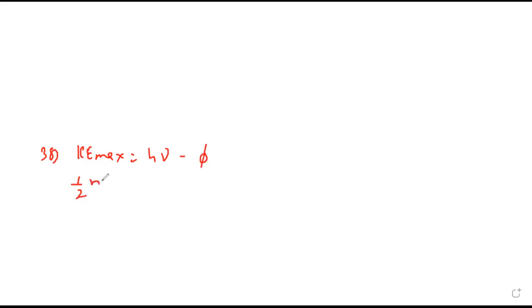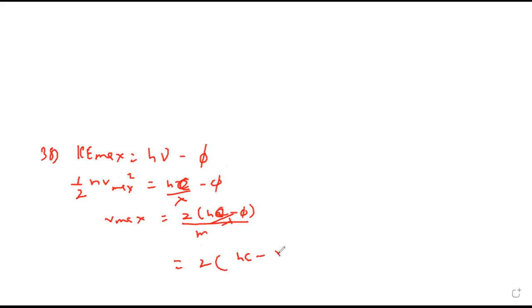That means half m V maximum square is H nu minus phi. So V maximum will be root of 2 times H nu minus phi upon mass. This we want in lambda, nu is C upon lambda. So root of 2 times Hc minus lambda phi upon lambda m.